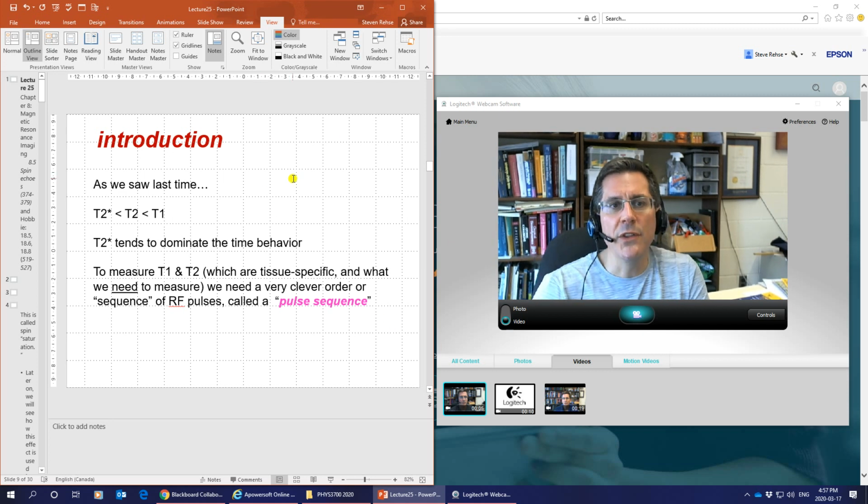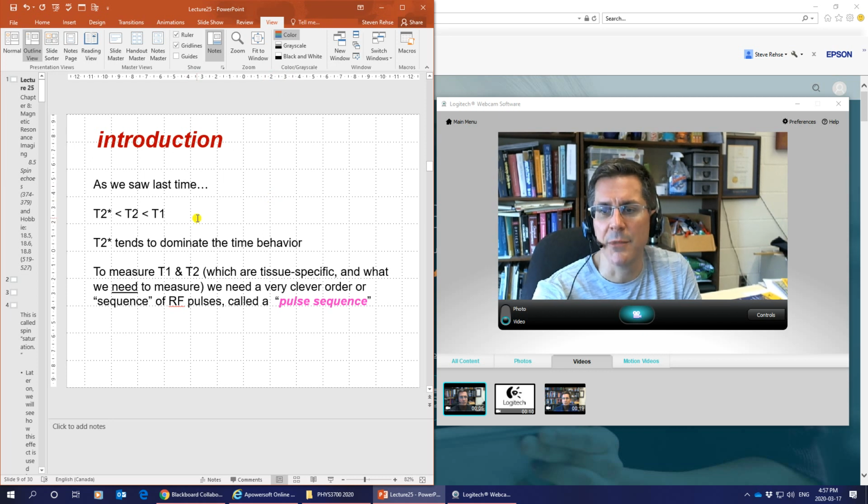Okay, so let's go ahead and start with the introduction. We saw last time there are three times that characterize a magnetic resonance signal. One of them is T2 star, which is the dephasing due to magnetic field inhomogeneities. There's T2, which is the time of the disappearance of the transverse magnetization.